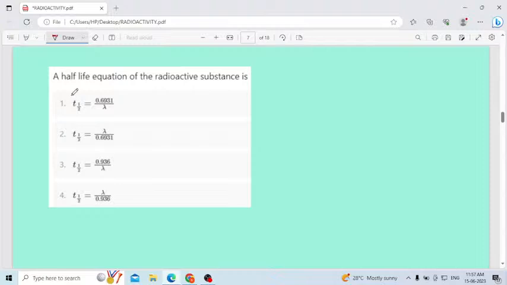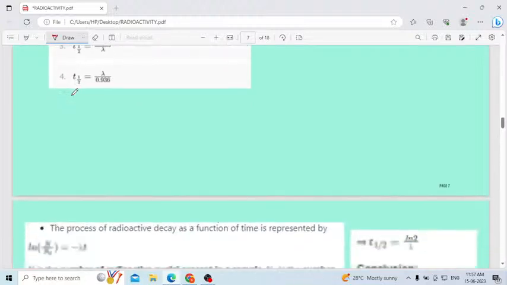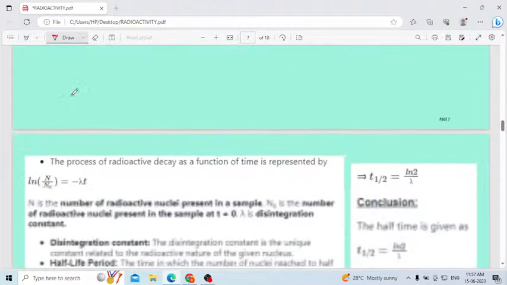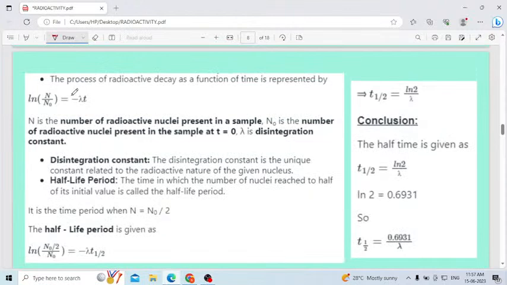Next one, consider the half-life period. Half-life equation of radioactive substances. You have to remember the equation, the correct answer for that one. Okay, let us study what is meant by half-life period. The process of radioactive decay as a function of time is given by ln(N/N0) equal to minus lambda t.